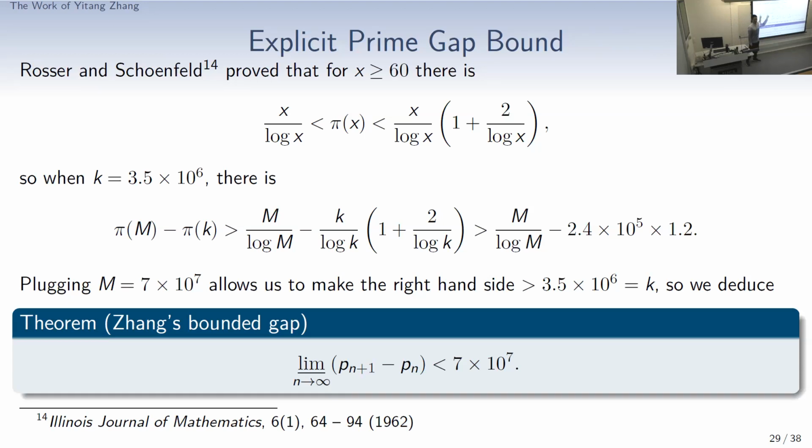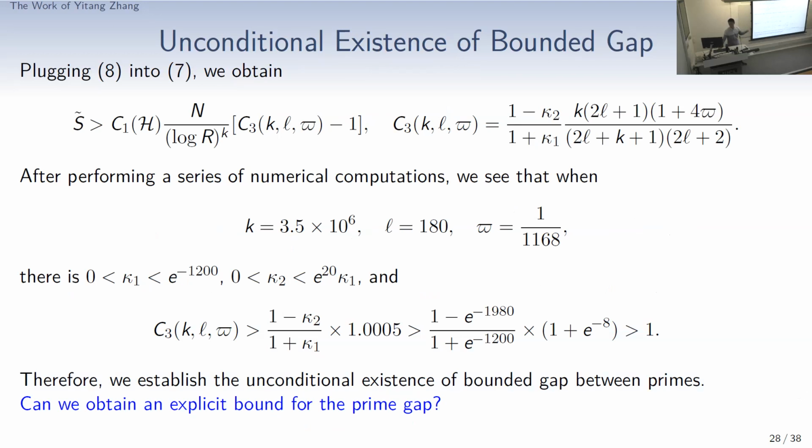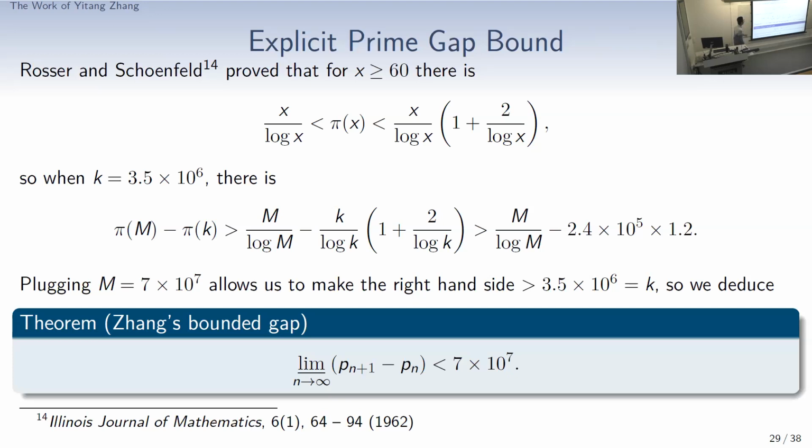For x greater than 60, and in the case we are discounting something more than 10 to the 6th power, we can just use this inequality. So when x is greater than 60, we have this inequality for the prime counting function, which also certainly implies the prime number theorem.